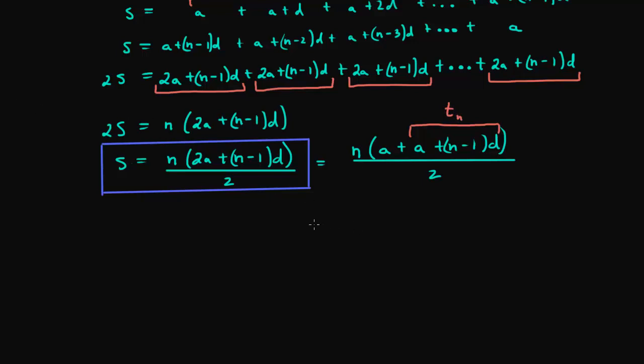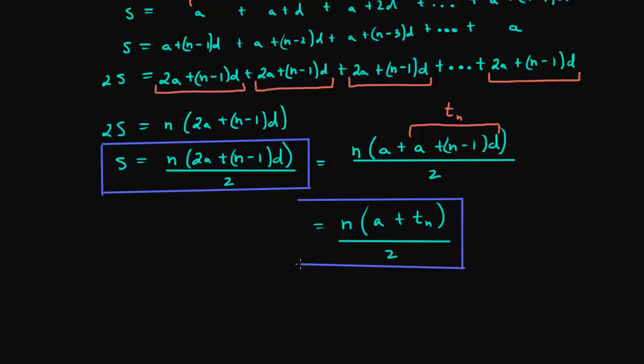So I can rewrite this formula as n times the quantity a plus t sub n, all divided by 2. And that's another formula that is useful to know: if you're only given the first term, the nth term, and the term number of the nth term, then you can jump right to this formula, and you don't need to know the common difference.